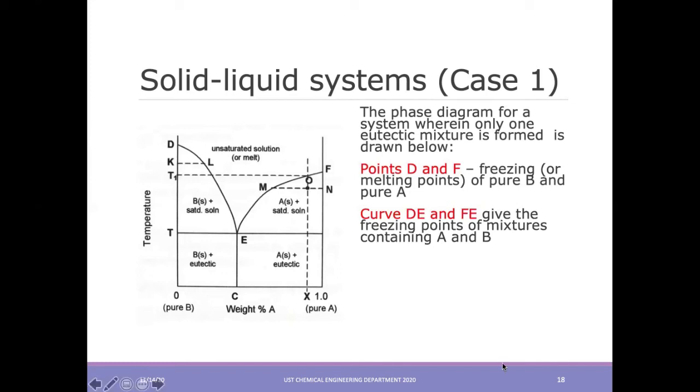Note that the freezing point is lower than that of the pure substance. The area above the curves refers to unsaturated solutions, or what we call the melt. In here, the system consists of only one phase, a liquid phase, and it has 2 degrees of freedom.